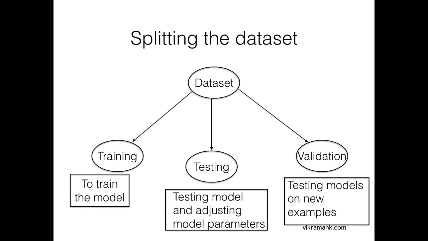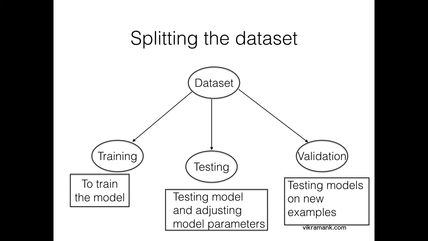We now have learned different aspects and components of a neural network model. So let's talk about a dataset. We split our dataset into three different types: training, testing, and validation. Training data consists of the majority of the portion of our dataset, generally around 60 to 70%, or sometimes even slightly more, depending on the volume of the data you're having.